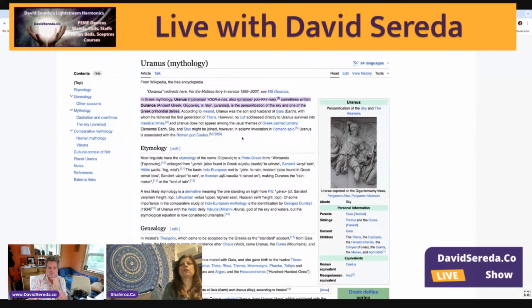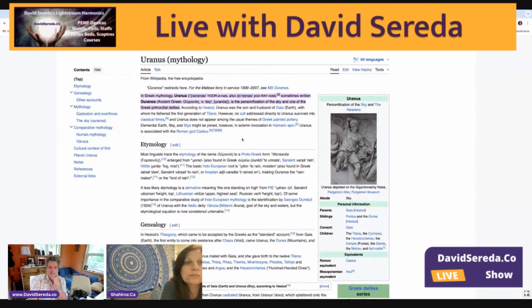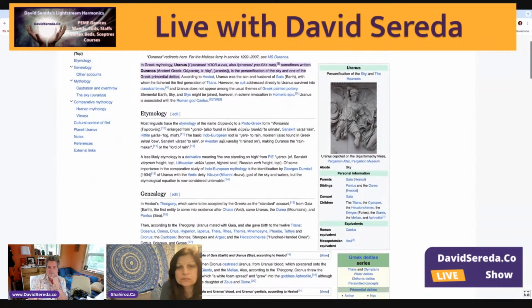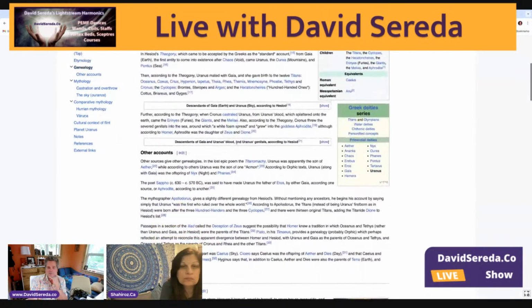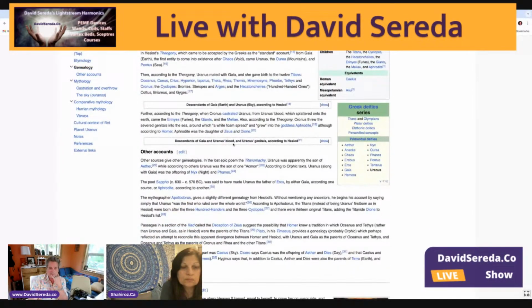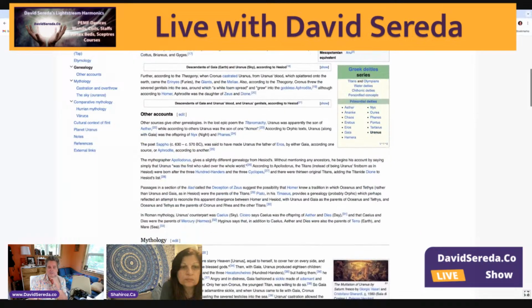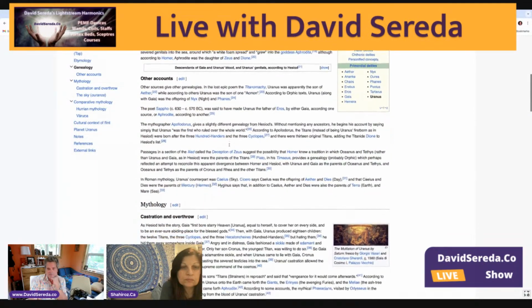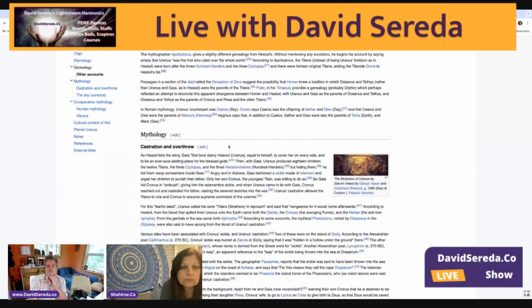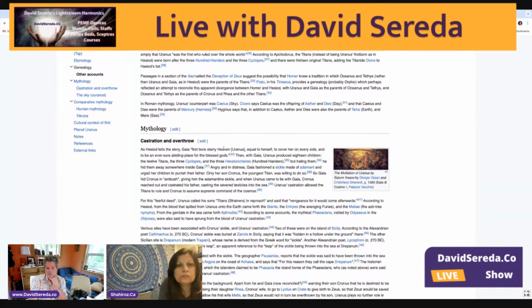And Ouranos creates the Cyclops, which is really kind of a gross looking creature, an imperfect kind of creature, and then creates the Titans. And the Titans, of course, are the parents of Zeus. And the Titans give birth to Zeus, who gives birth to a number of gods and goddesses who then physically create the human race.